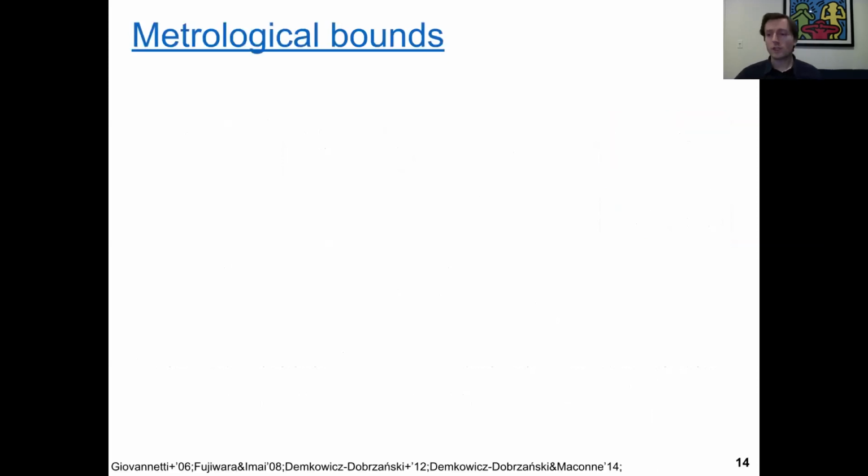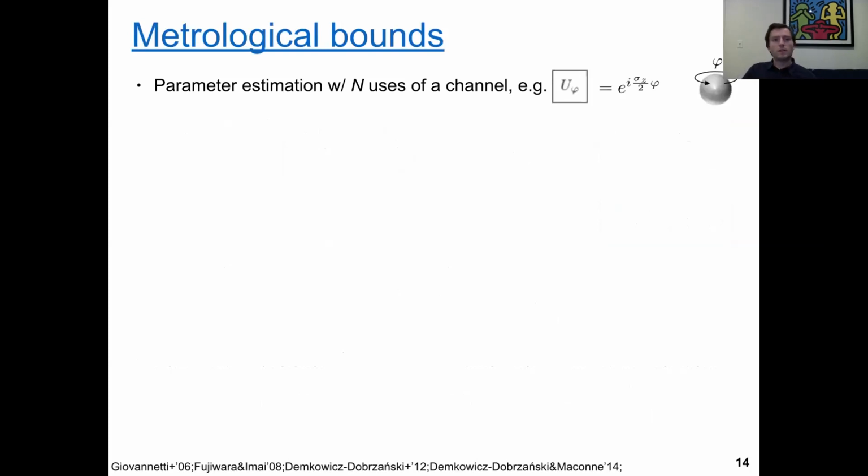Okay, so now let me tell you a bit about metrological bounds. Now we consider a problem. We want to estimate some parameter, and we can use our channel n times. For instance, imagine we have some rotation along the z-axis, and our parameter phi tells us the angle of rotation.